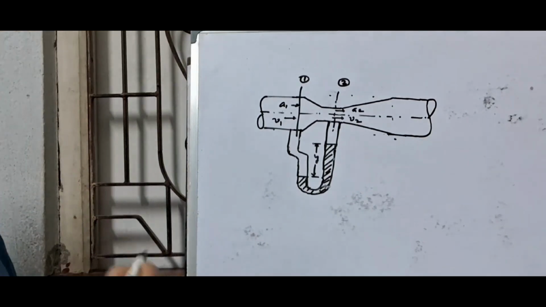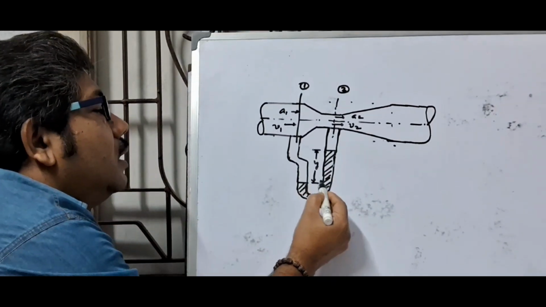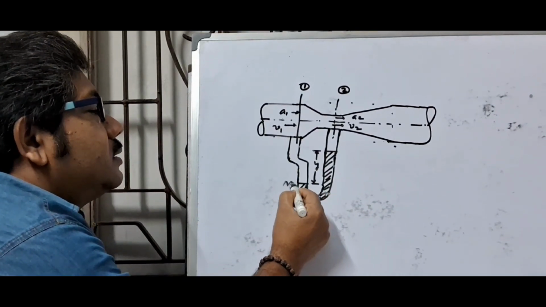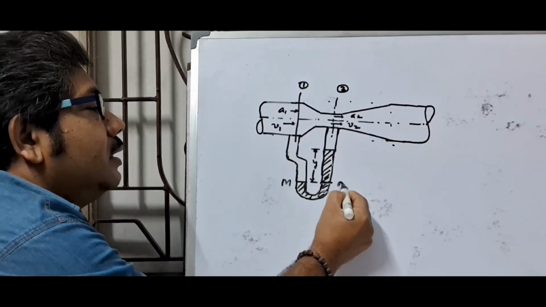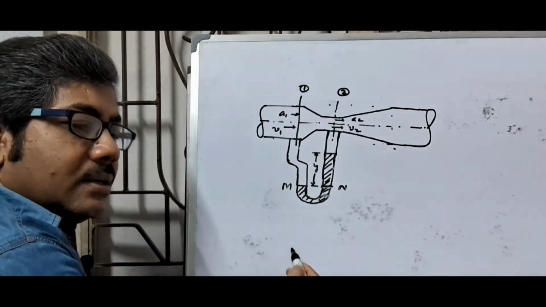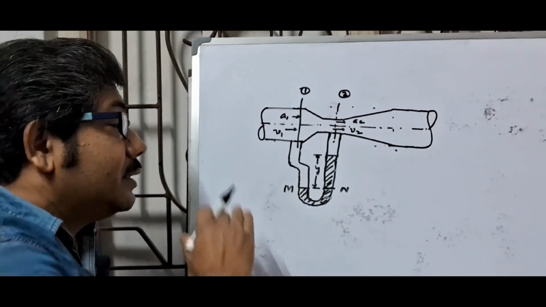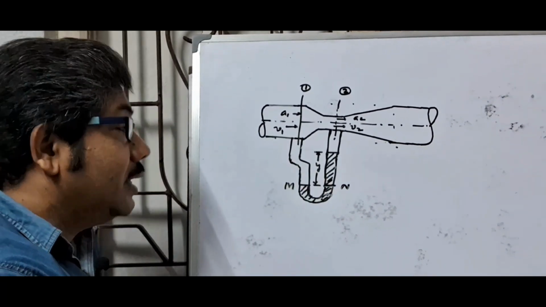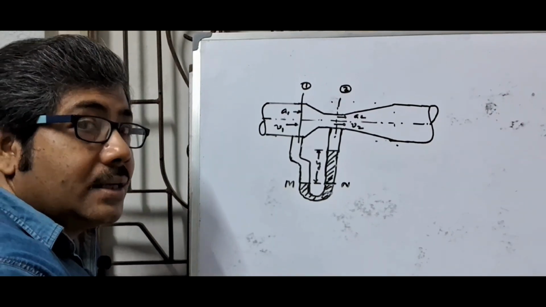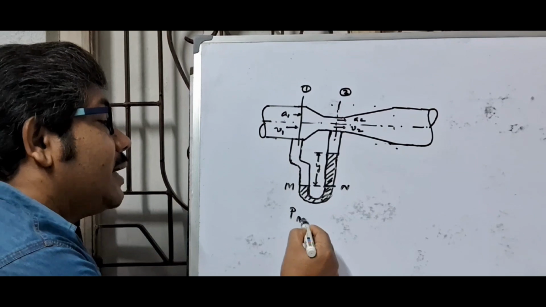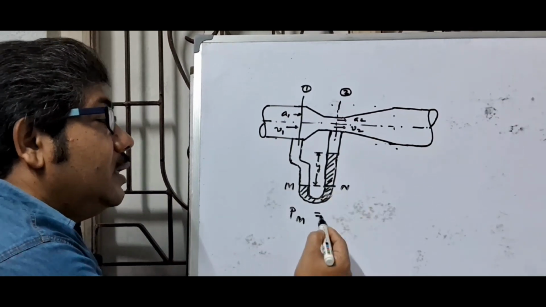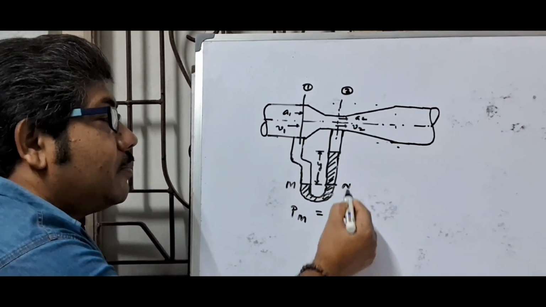Now, consider this is M point and at the same level this is N point. We know that at the same height there is no pressure difference. So, pressure at point M equals pressure at point N.